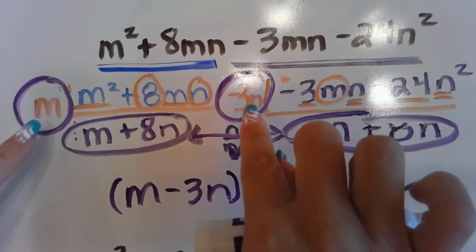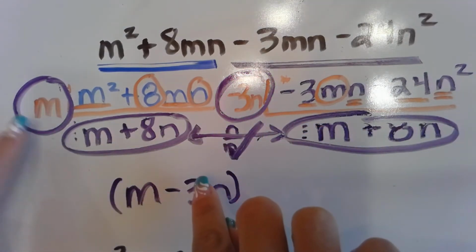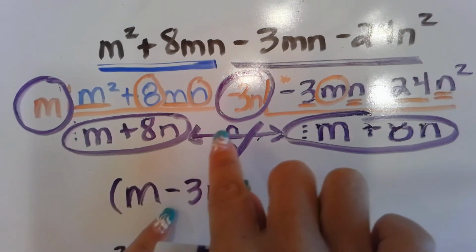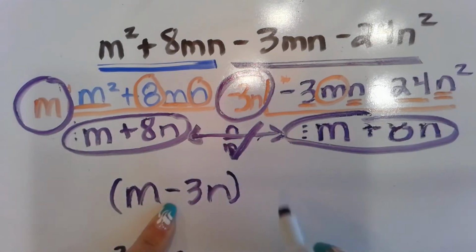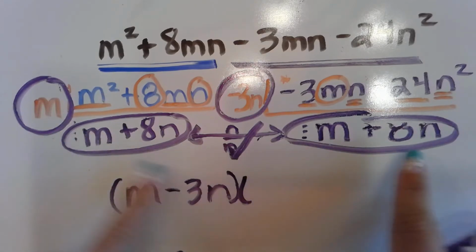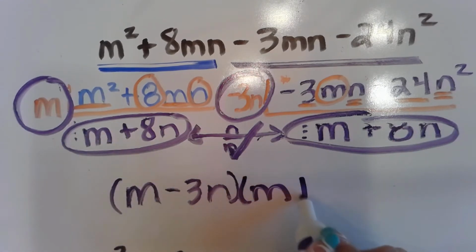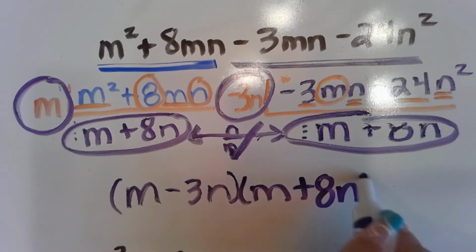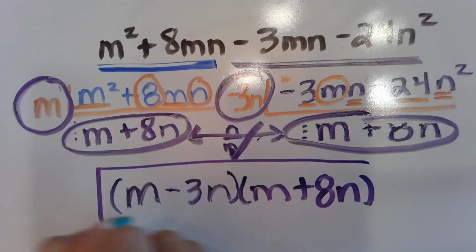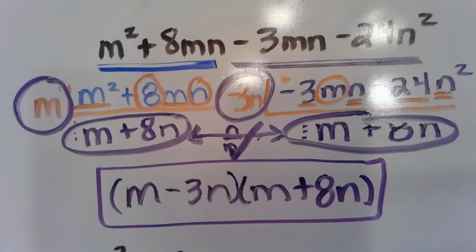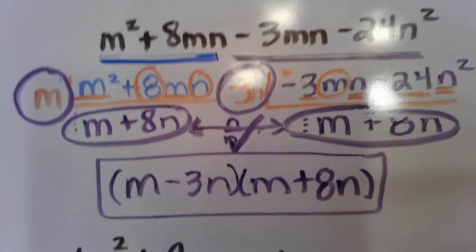These two on the outside that we've pulled out go together. So m minus 3n because we pulled out the negative times, and then we just write this once, m plus 8n. And that is your answer. All right, let's go ahead and look at a second example.